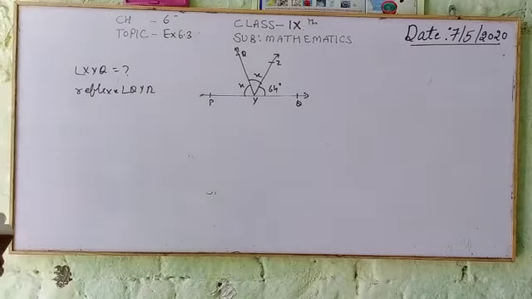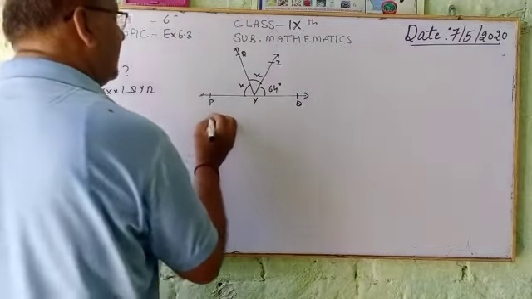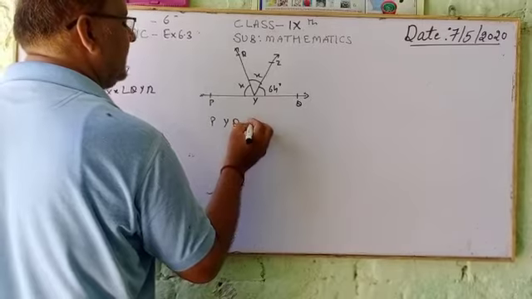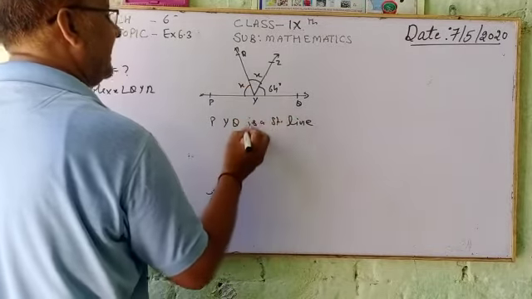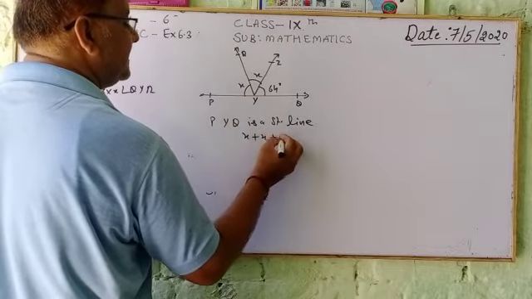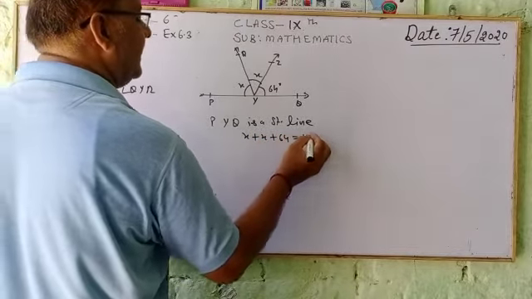So students, look here, PYQ is a straight line and we make a straight angle, that is x plus x plus 64 equal to 180 degree.